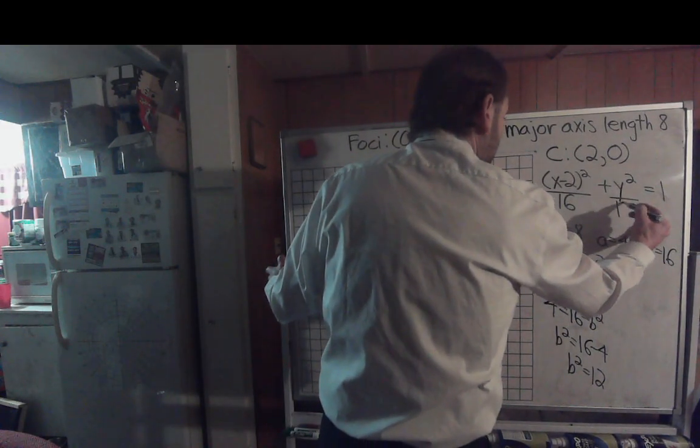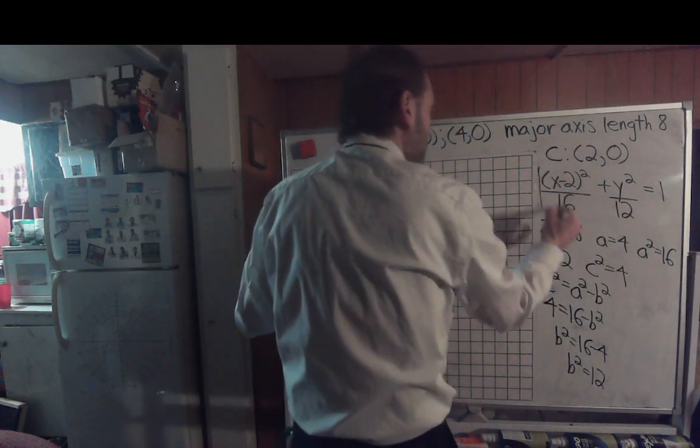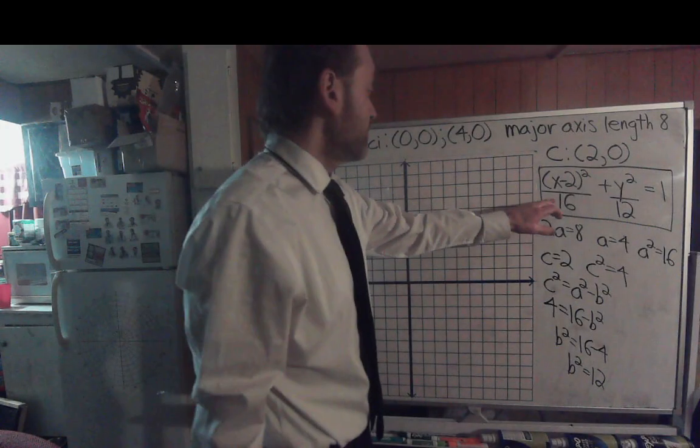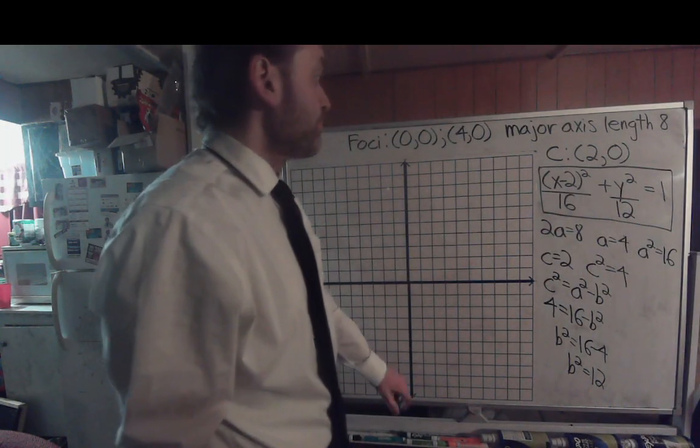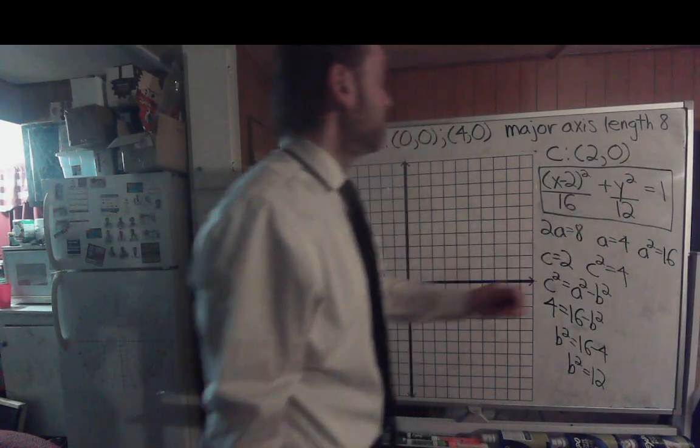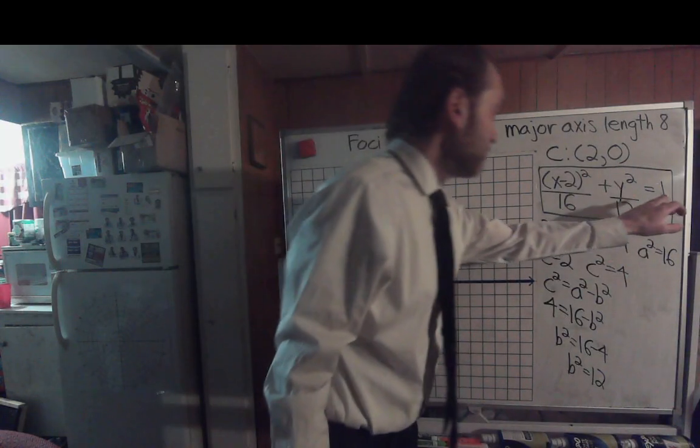So the equation is x minus 2 squared over 16 plus y squared over 12 equals 1.